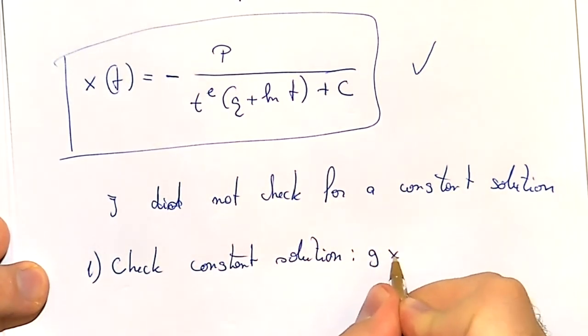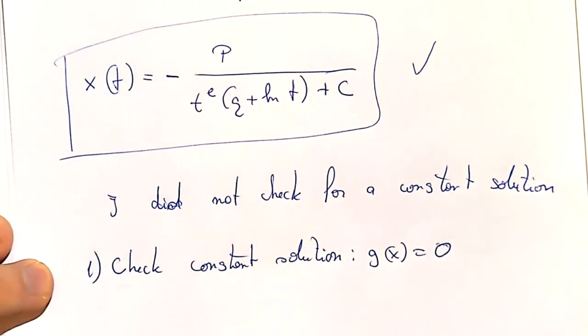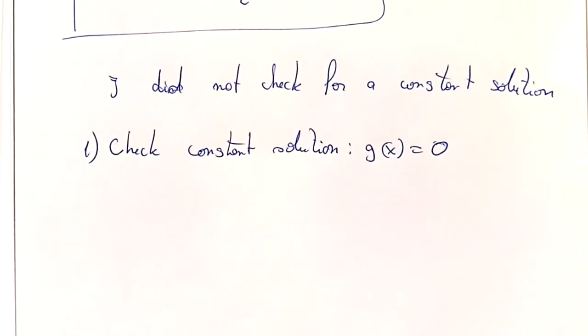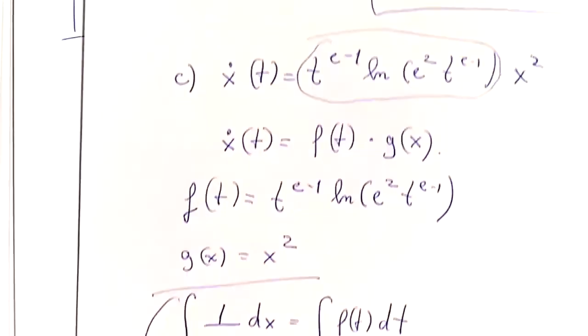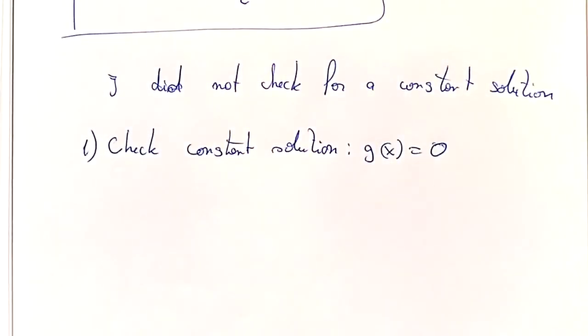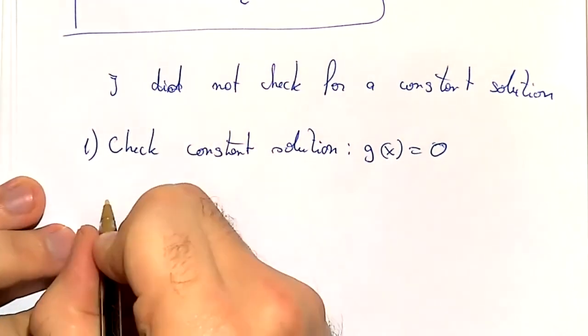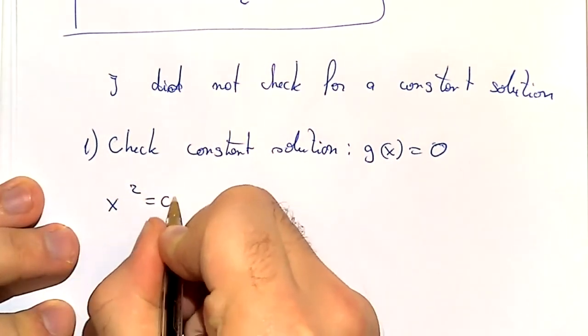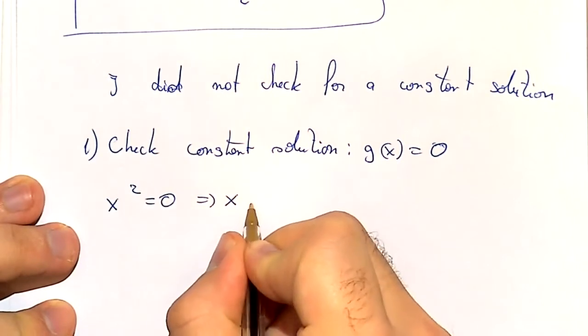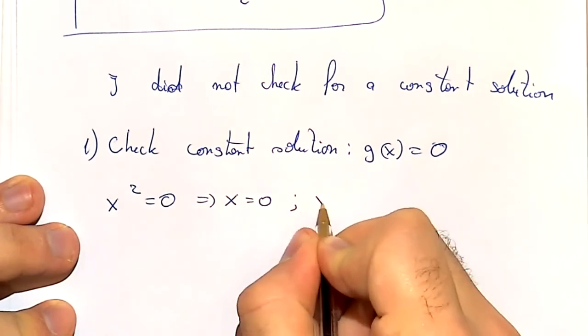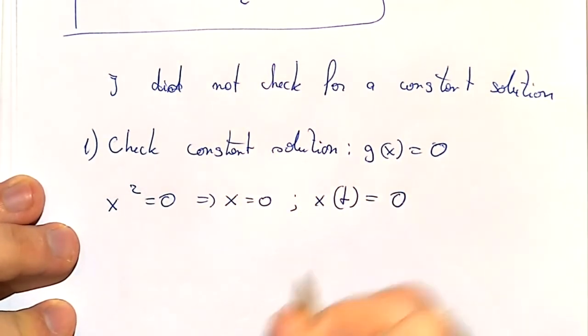It means g of x is equal to 0. What was my g of x? It was x squared. So x squared is equal to 0, means x is 0. So I have found the solution, x of t is equal to 0.